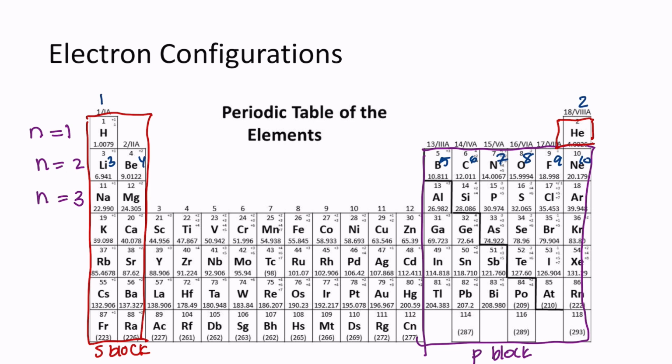Helium is in the first energy level, so it cannot have any p electrons. So when we are filling in our electrons into the energy levels, we can use the periodic table to fill in our electrons.